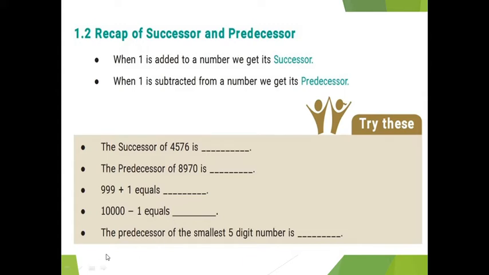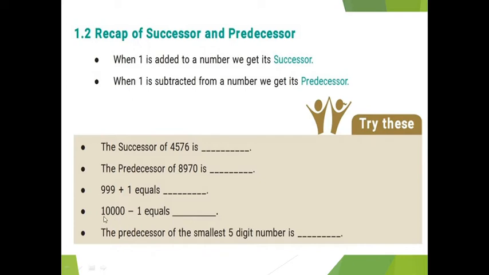The predecessor of the smallest 5-digit number is. For that, first we have to find the smallest 5-digit number. Which is the smallest 5-digit number? The smallest 5-digit number is 10,000. Count the number of digits in 10,000: 1, 2, 3, 4 and 5.